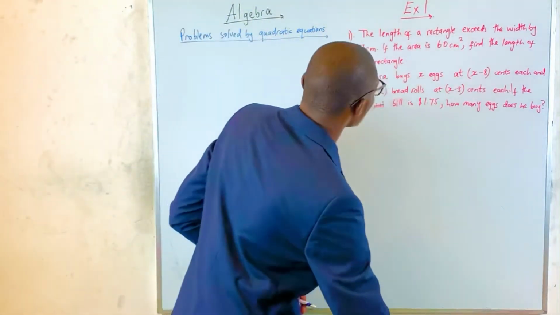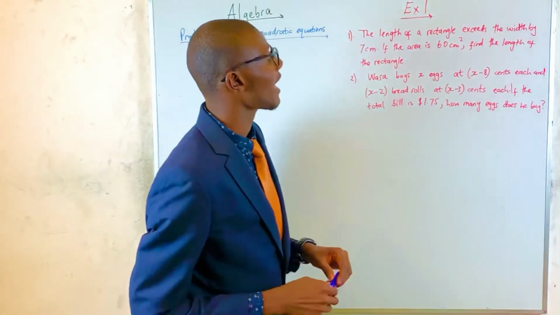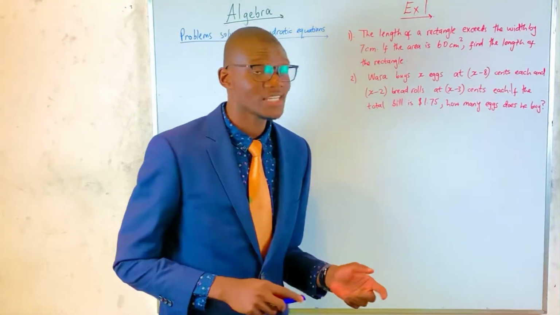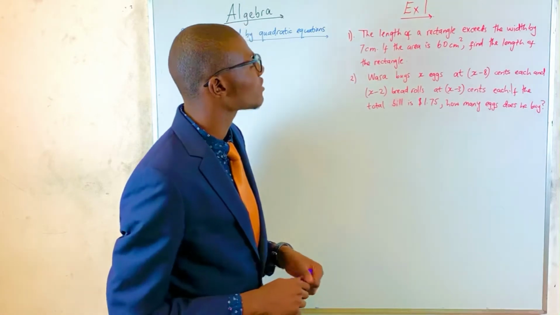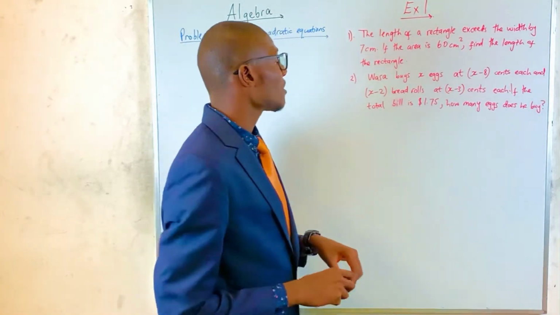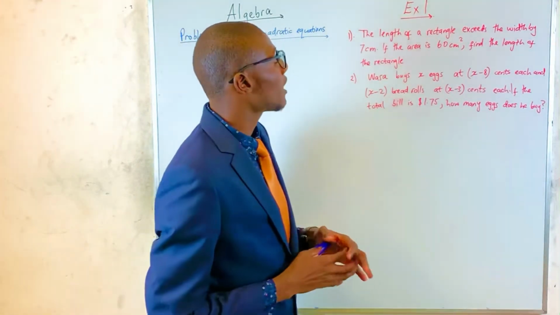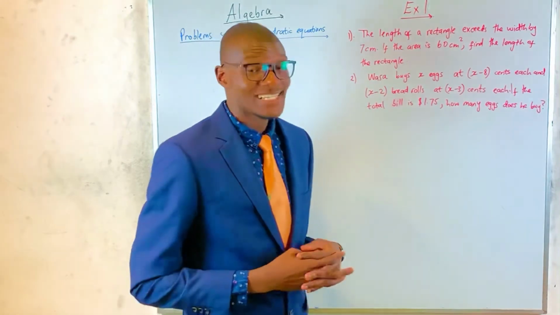Okay, moving on to number 2, we're told that Wasa buys x eggs at x minus 8 cents each, and x minus 2 bread rolls at x minus 3 cents each. If the total bill is $1.75, how many eggs did he buy?